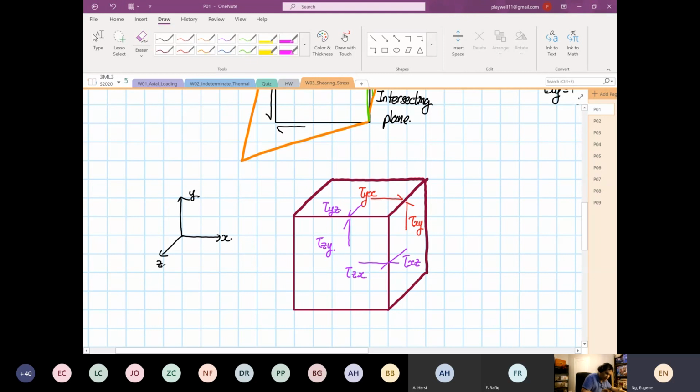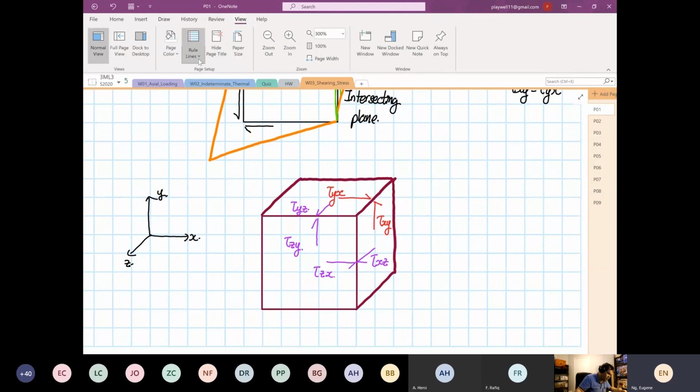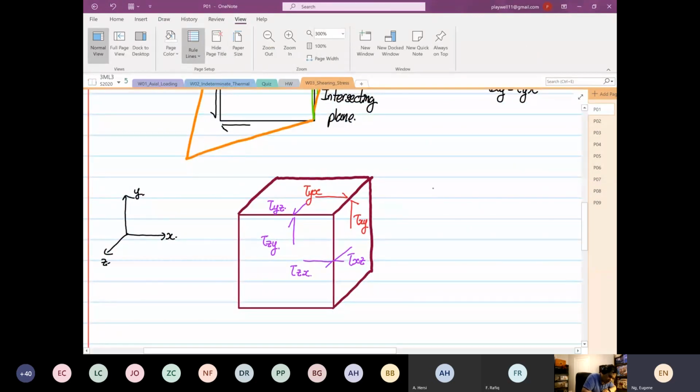So for a 3D element now, we have to satisfy 3 states of equilibrium. The shear in XY will be equal to the shear in YX. The shear in XZ must be equal to the shear in ZX, and the shear in YZ will be equal to the shear in ZY. Okay, so that's for 3D.